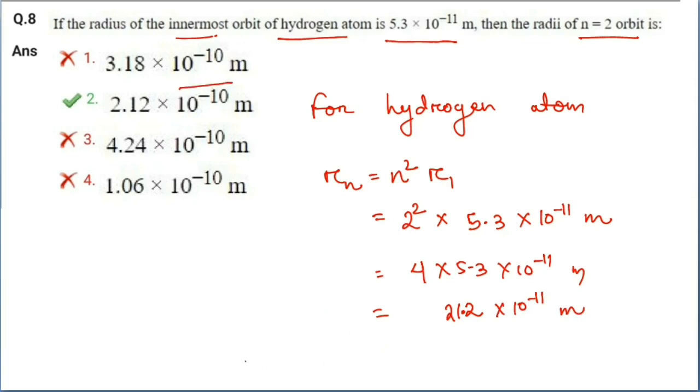But here all the powers are 10 to the power minus 10, and there is an option that is 2.12 into 10 to the power. Yes, we can write this as 2.12 into 10 to the power minus 10 meter.